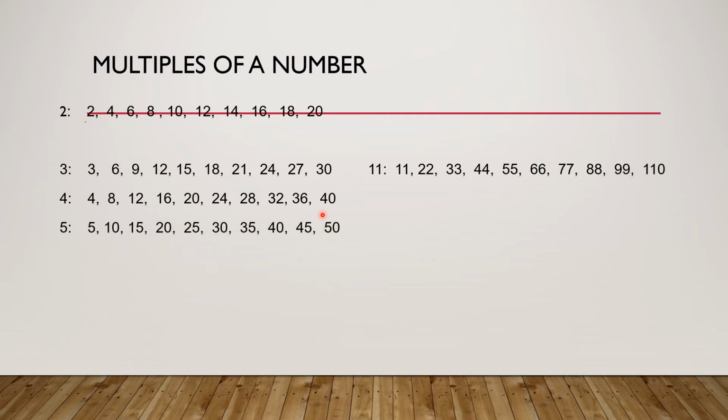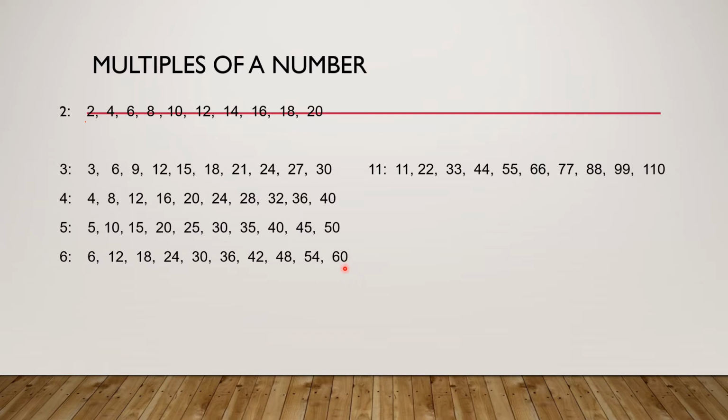Okay? For multiples of 5, in grade 1 you should already know the 5s. 5, 10, 15, 20, 25, 30, 35, 40, 45, 50. Okay, it should be fast already, no? And then 6, we have 6, 12, 18, 24, 30, 36, 42, 48, 54, 60. Why is that? Adding 6 at a time.